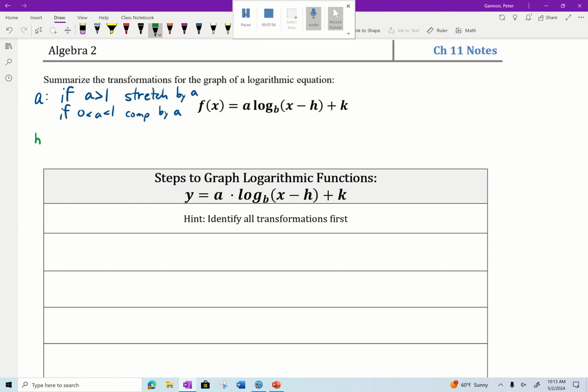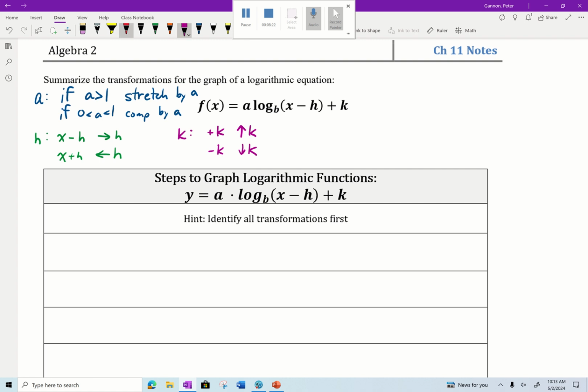For the h value, if it's x minus h, the graph is going to move to the right h. If it's x plus h, the graph's going to move to the left h. For the k value, when it's plus k, the graph will move up k units. And if it's minus k, the graph moves down k units.